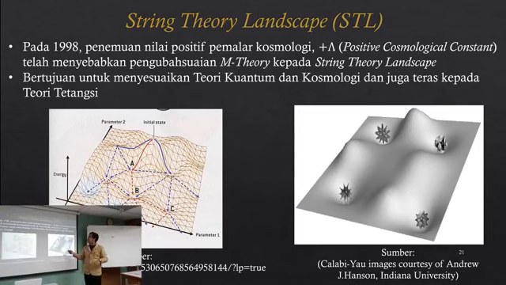So diorang telah menemukan, it's a very old finding, positive cosmological constant. Okay, di mana dengan penemuan ini, secara tak langsung telah mengubah M theory. Kita tengok macam mana dia punya approach nanti. Alam kita ni mengembang. So how does it affect the string landscape? Kalau kita ada banyak alam semesta kat sini, macam mana tunneling berlaku?